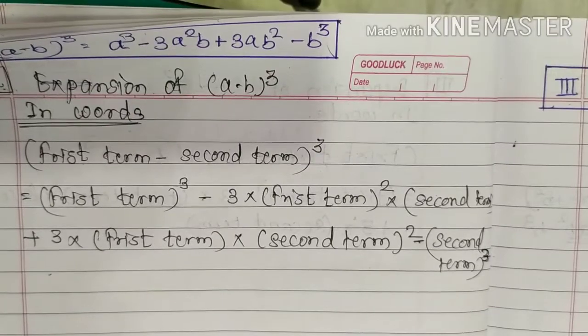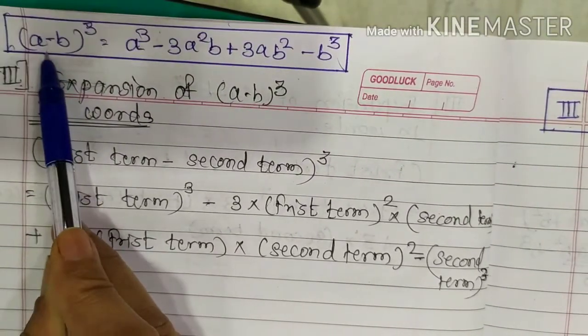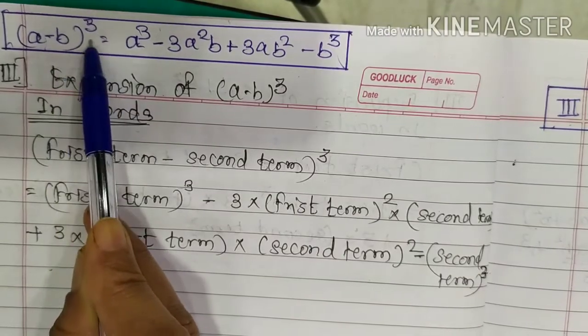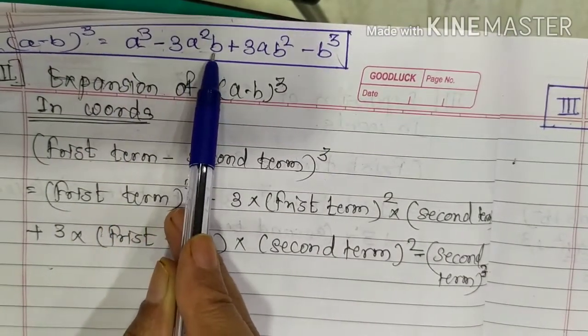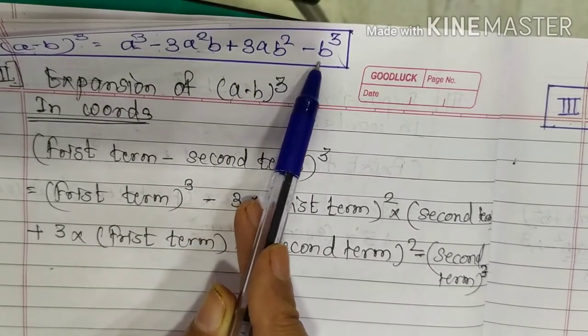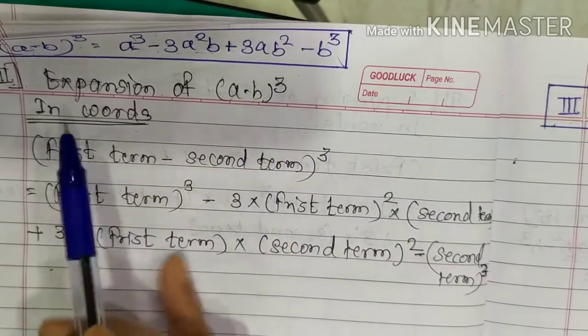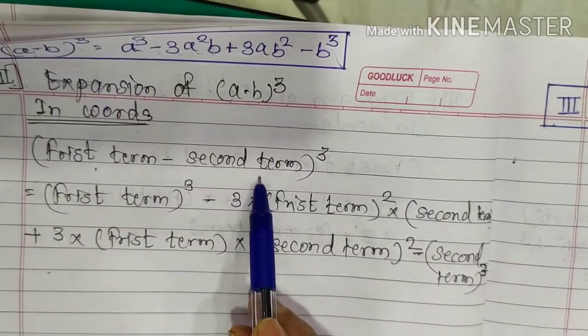Let's see in words how we can express this formula: (a minus b) cube is equal to a cube minus 3a square b plus 3ab square minus b cube. So in words, a is the first term and b is the second term.